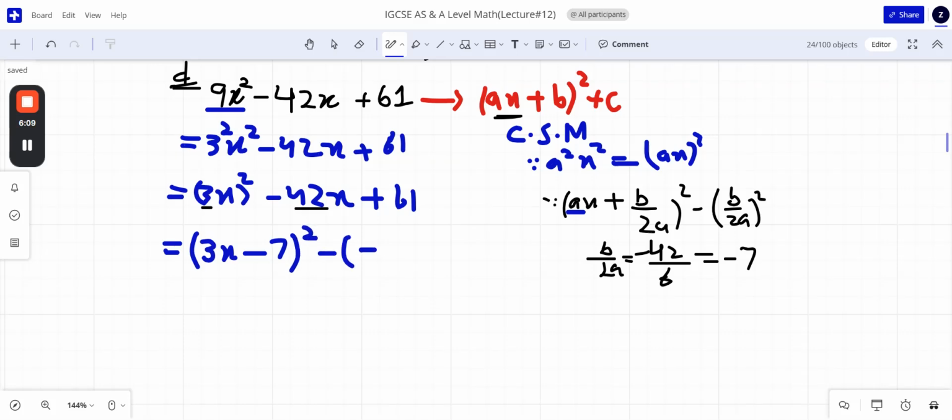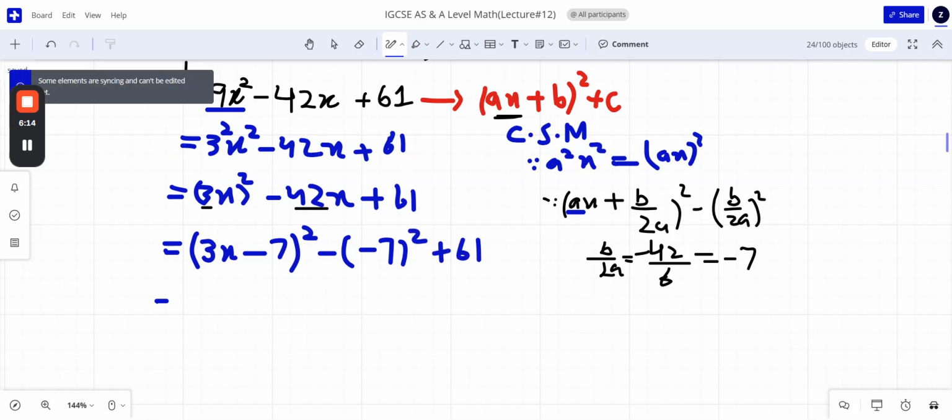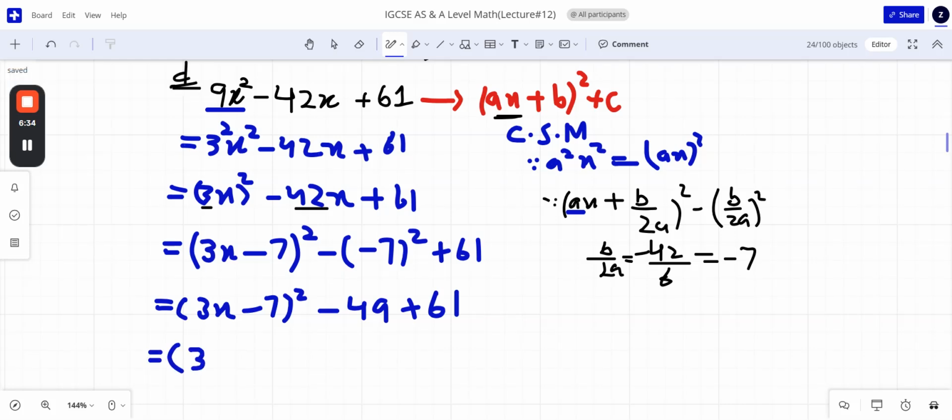Then again minus 7 whole square plus 61. Now further, the completing square we will keep the same, but we need to solve the constant values. So minus square would be minus 7 square, which is 49, and plus 61. Now the (3x minus 7) whole square we will keep the same, and minus 49 plus 61.